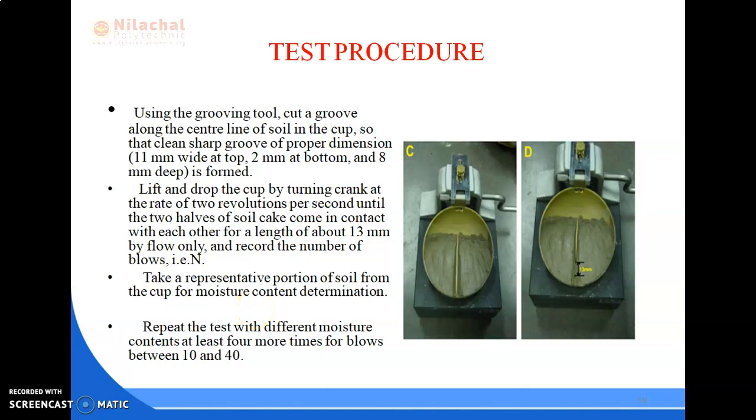Since it is difficult to adjust the water content precisely equal to the liquid limit, when the groove should close in 25 blows, the liquid limit is determined by plotting a graph between number of blows as abscissa on a logarithmic scale and the corresponding water content as ordinate. And repeat the test with different moisture content at least 4 more times for blows between 10 to 40. And then after repetition of the test, we have to take the average one.